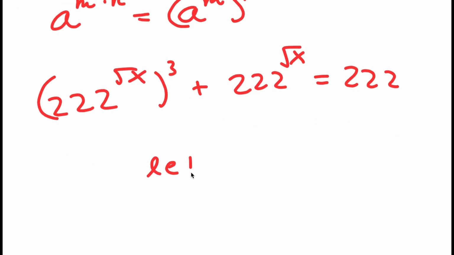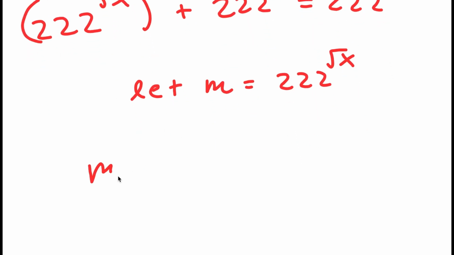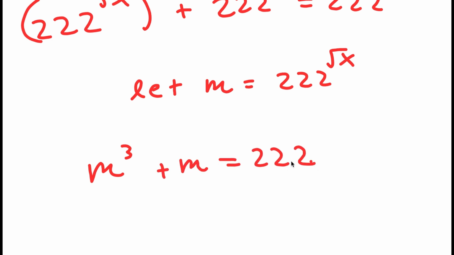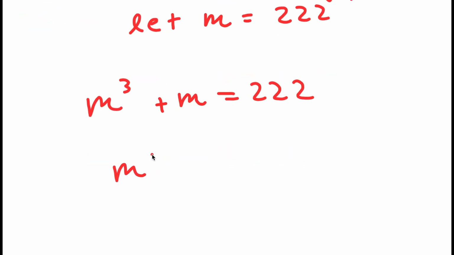And if I let the variable m equal 222 to the power of root x, I get m to the power of 3 plus m is equal to 222. And this means that m to the power of 3 plus m is equal to 6 times 37, which I'm just rewriting 222 as.